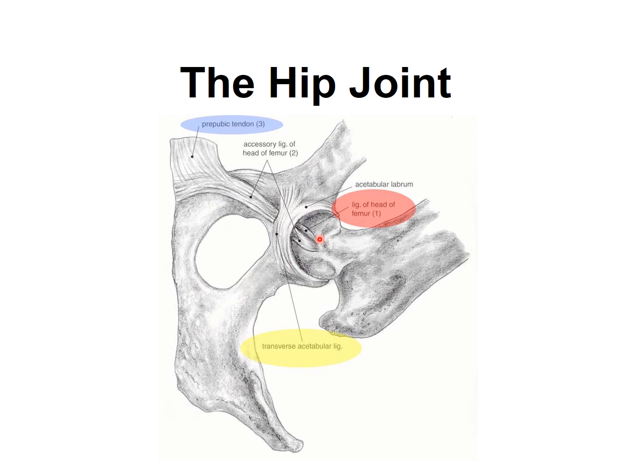It's originating from the head of the femur and inserting on the acetabular floor. The direction is opposite. The direction of the ligament of the head of the femur is opposite to the accessory ligament of the head of the femur.